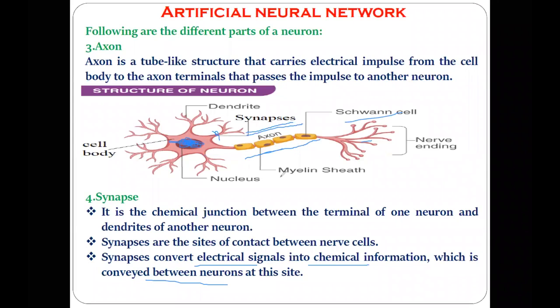So that is the biological neural network. In the biological neural network, what is the main computational unit?